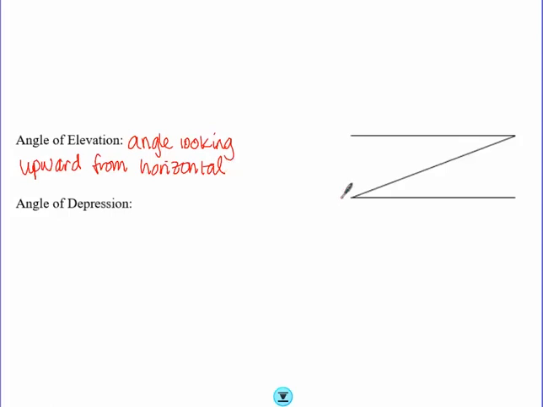So, if I am a person standing here, the angle of elevation would be this angle that I'm going to use the Greek letter alpha for. You're looking straight ahead, which would be at horizontal, and then you go up a certain number of degrees. Similarly, the angle of depression is the angle looking downward from the horizontal.